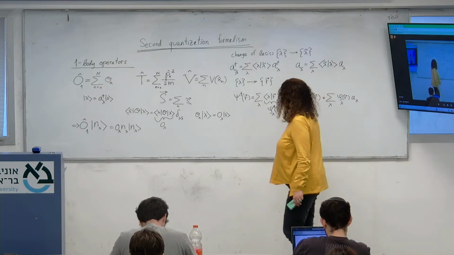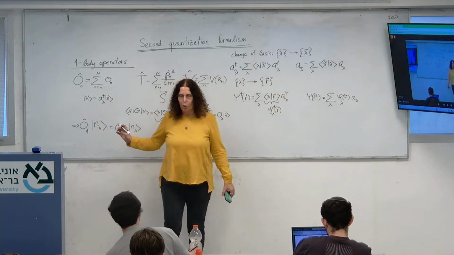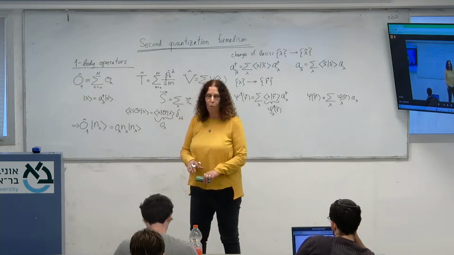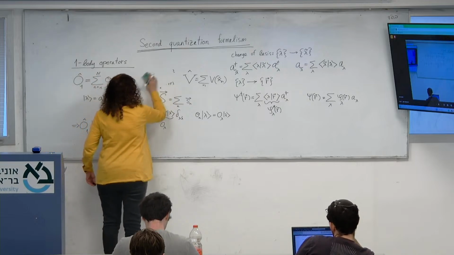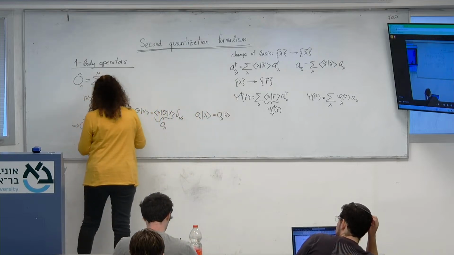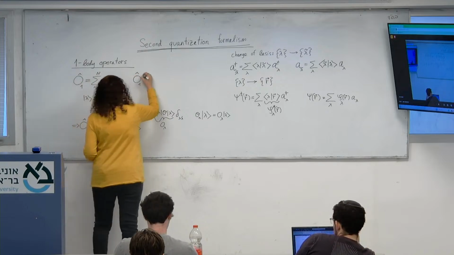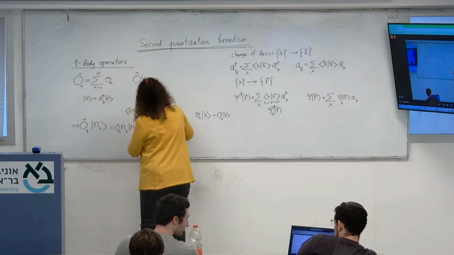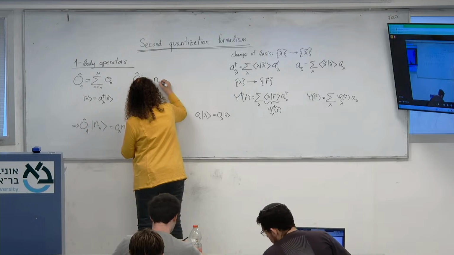The next stage is to apply it on the most general state in the basis of Fock states, which is a state where I have a set of occupations of different lambdas. Okay, so O1. Now I apply it on a state that has n lambda 1 and n lambda 2.